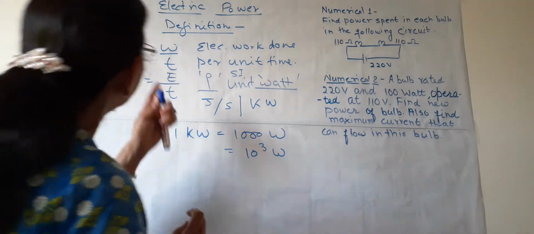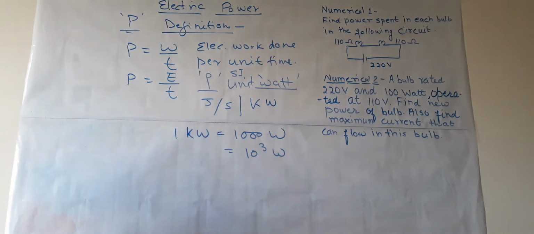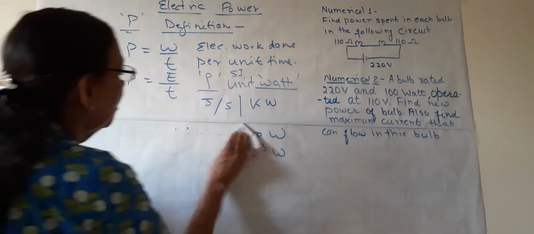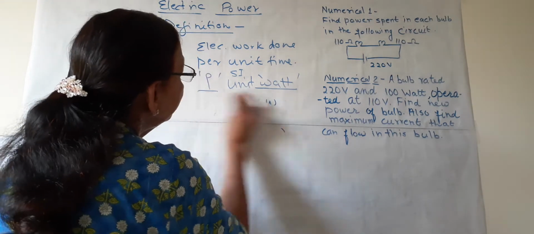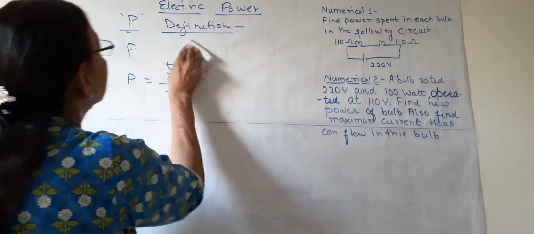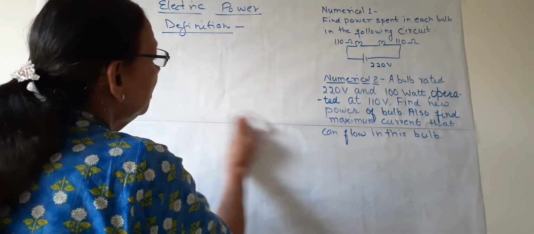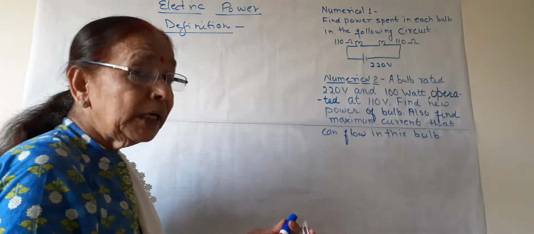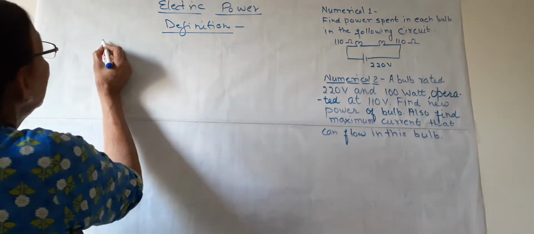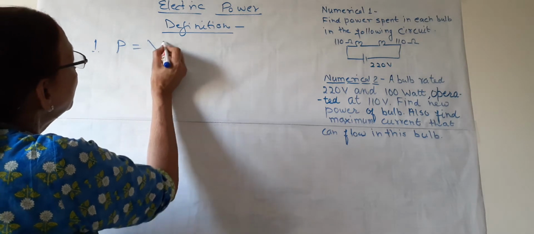Now these are the basic formulae. We have some other important formulae of power by which we calculate different numericals, and you should learn these by heart. The first formula is P is equal to VI.